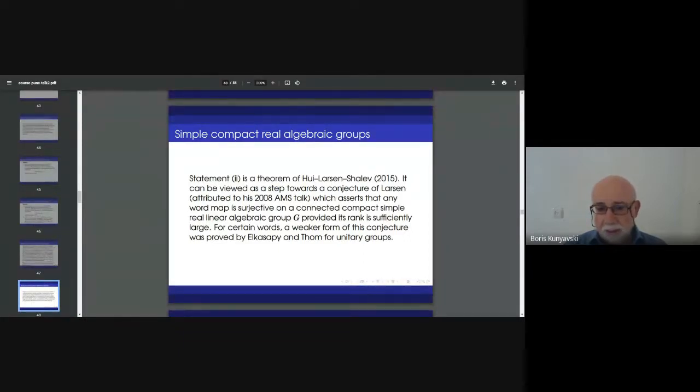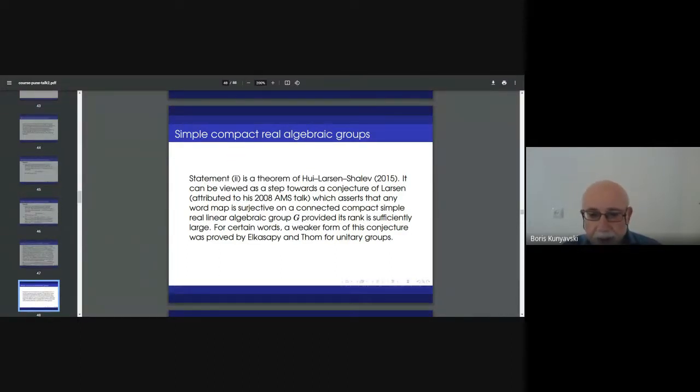It's already a long-standing conjecture, say 13 years, with no progress so far, that asserts that any word map is surjective if you enlarge your group by making its rank as big as you wish. And a slightly weaker form of this conjecture was proved by El-Kassabov and Thom, as I mentioned their work in our first lecture.